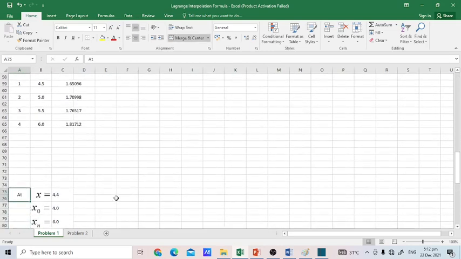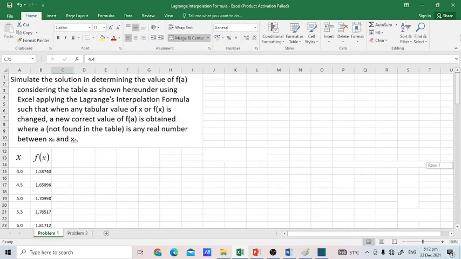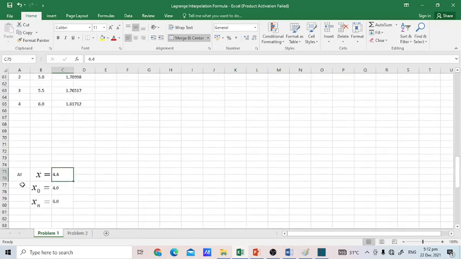Actually, this is a: x equals 4.4. This is not found in the table, so we are just approximating the value of f of x at x equals 4.4. Meaning a is equal to 4.4.